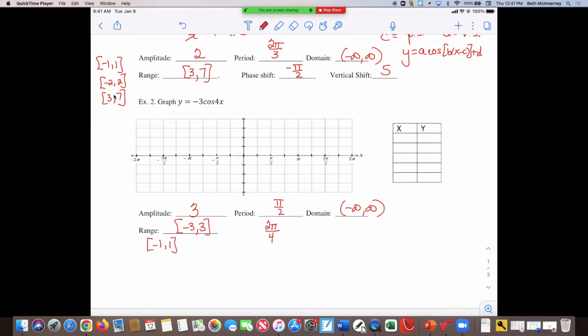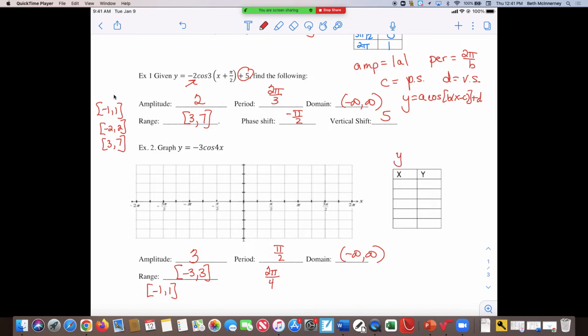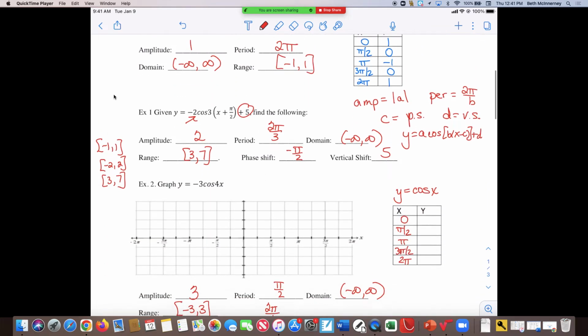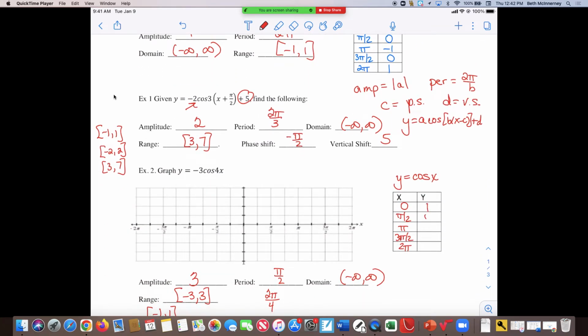So here's what we're going to do. We're going to start with y equals cosine x. So you look at your teeny tiny little unit circle, and it goes 1, 0, negative 1, 0, 1.